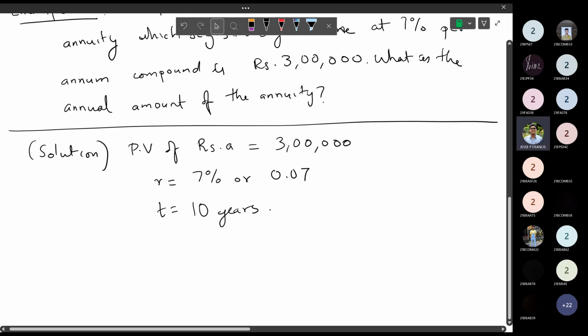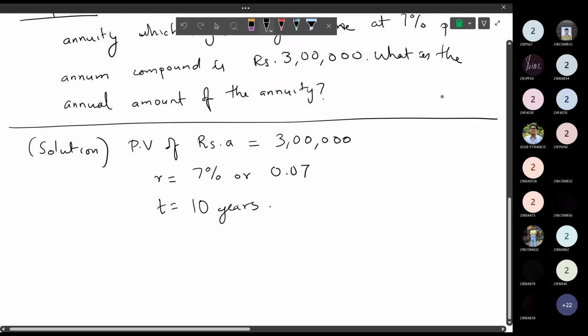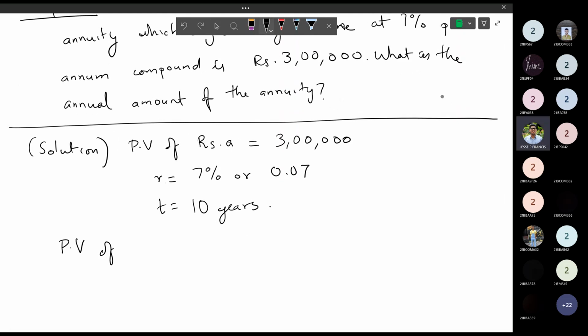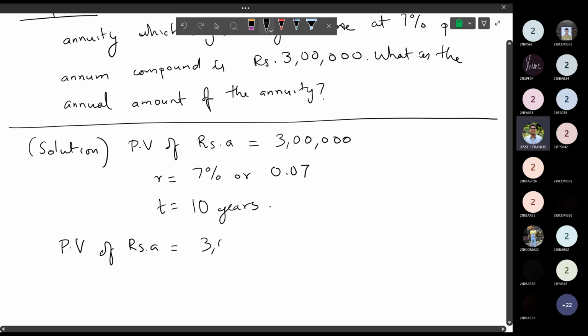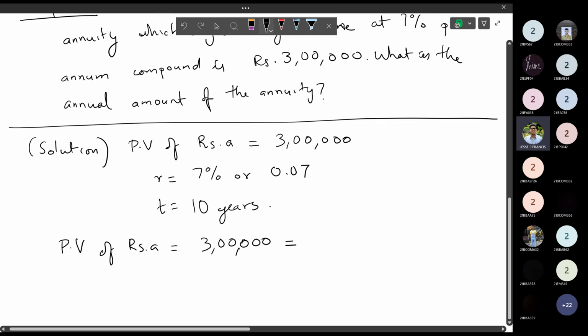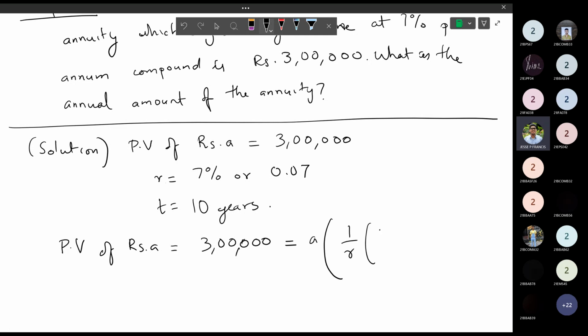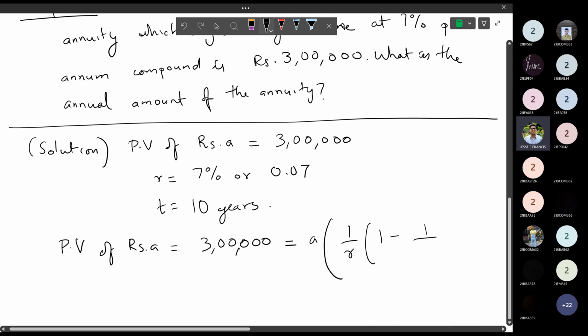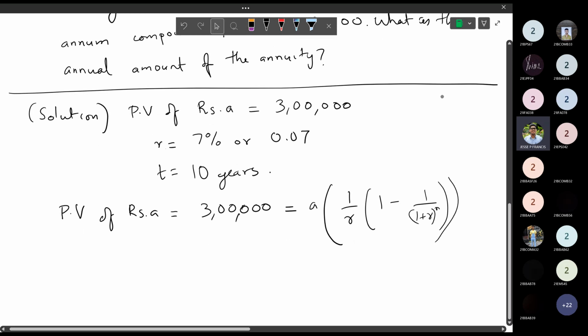Now, what do we have to do? Present value of rupees A is equal to 3 lakh. This is equal to A into 1 by R into 1 minus 1 by 1 plus R to the power n. And now we know what R is.